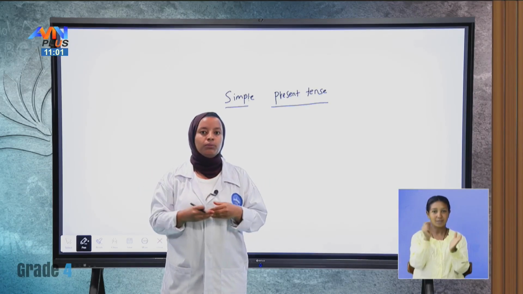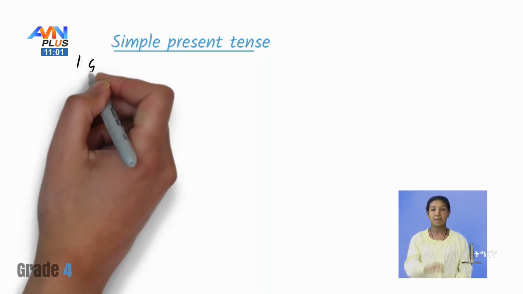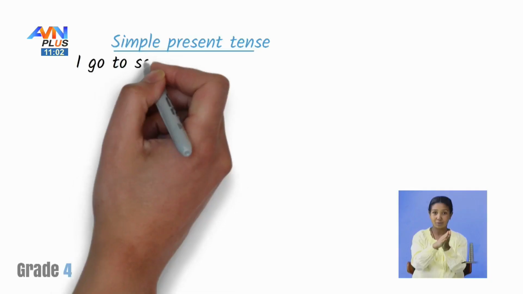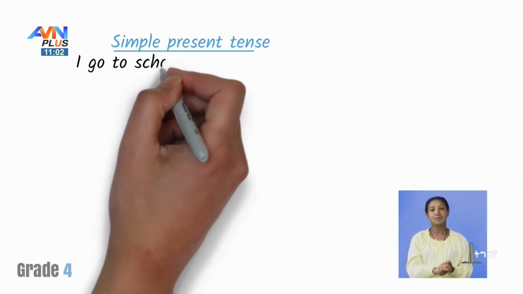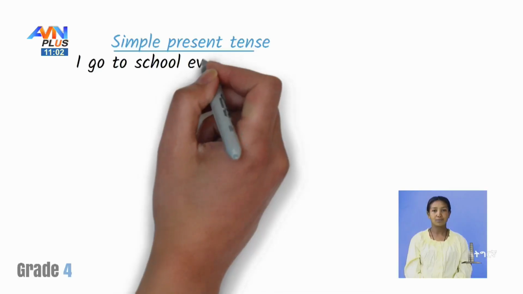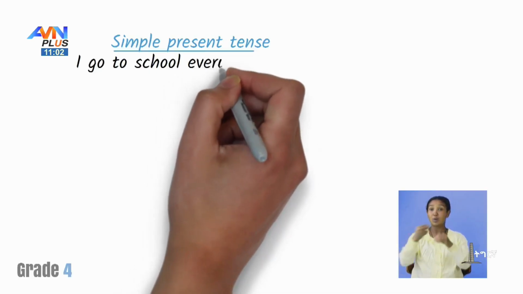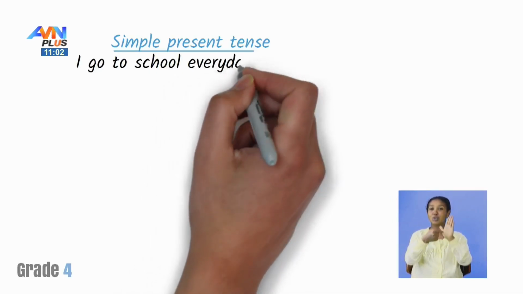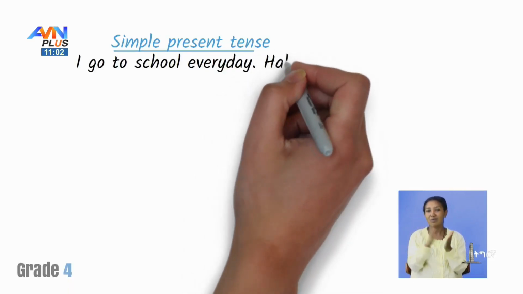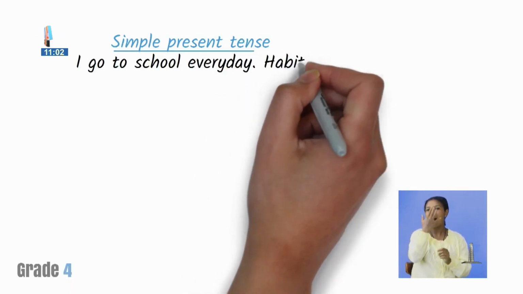For example, I go to school every day. Students, look at this sentence. This easily shows a habit, and it is also called habitual action.